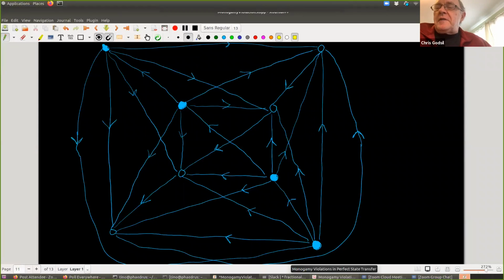Yeah, so you've got 2 sets of 4 and you've got PST within each set. Maybe there's some sort of automorphism plus scaling that will switch the vertices?